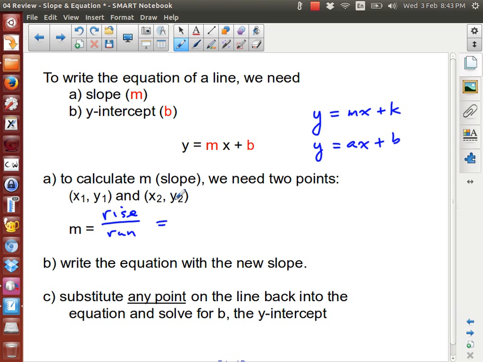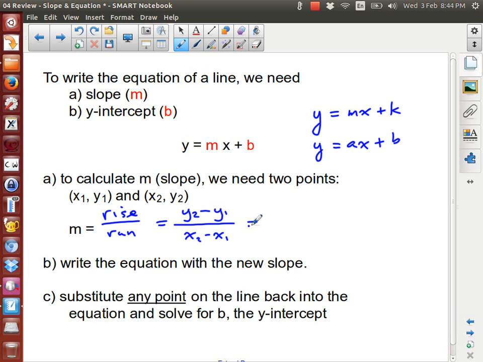So if I started at x1, y1 and went to x2, y2, in going from y1 to y2, what's the change? That's the rise. The way we calculate that is we look at where we ended up and we subtract what we started with, and that tells us the change. x2 minus x1 tells me the change in the x-coordinates.